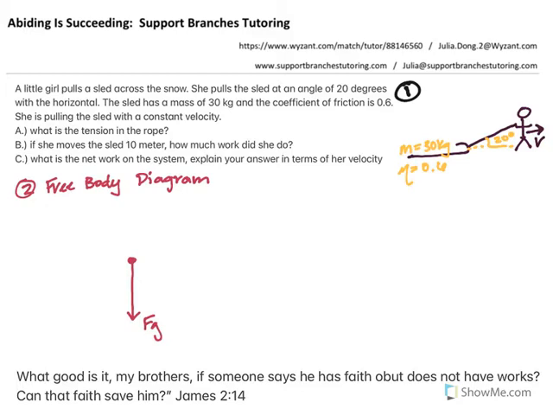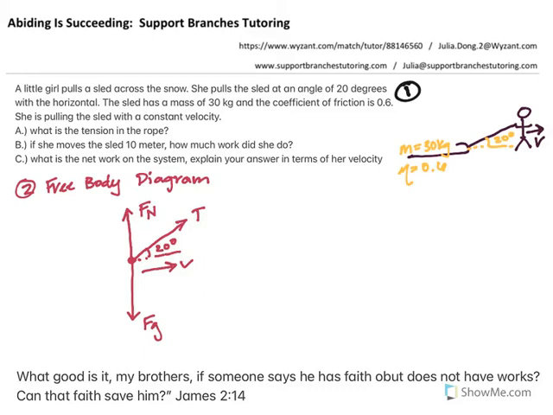The sled isn't falling towards the center of the earth, so the ground pushes up on the sled with an equal and opposite force, known as the normal force. Then we have this rope at an angle that is providing tension, or a pulling force. I'm going to put in here that that's at 20 degrees. And we're moving at a velocity in this direction.